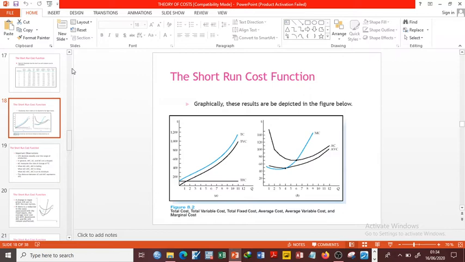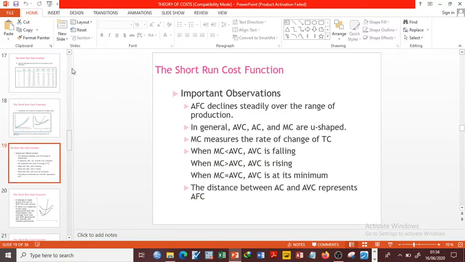The same story happens with the relationship between marginal cost and average variable cost. So we make this observation by simply looking at the curves and how they are behaving.